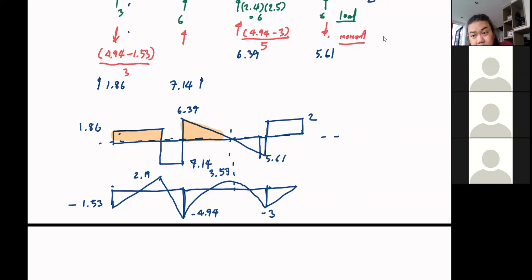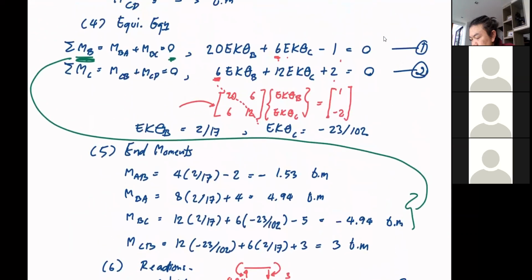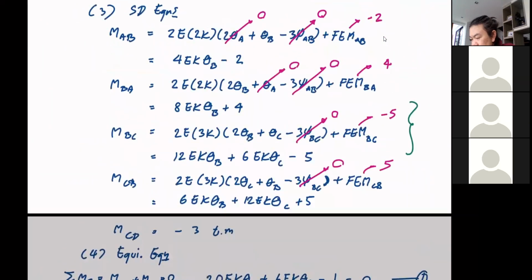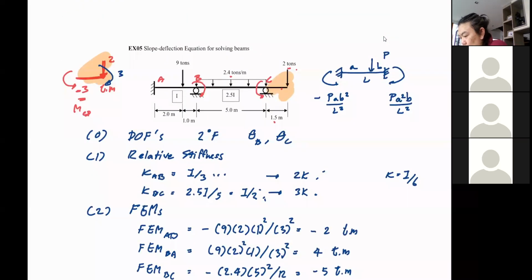Notice one more thing, ladies and gentlemen. We are now dealing with what we call a continuous beam. And please notice that you always have moment at the support. This is not the world of simple beams anymore. And notice that whenever you have a continuous beam, chances are when you draw the deflected shape like this here, chances are you are going to have negative curvature here.